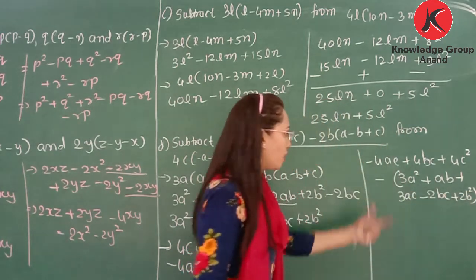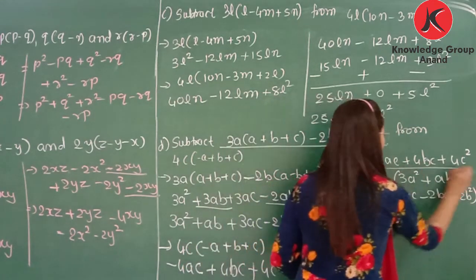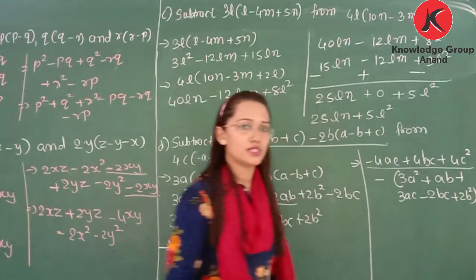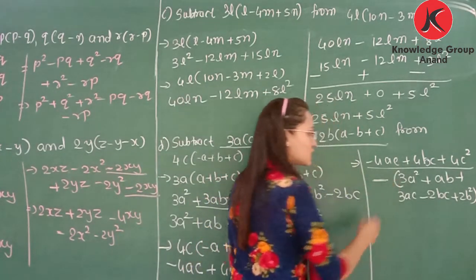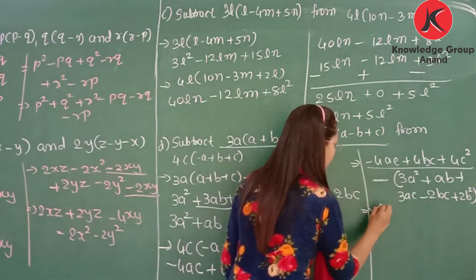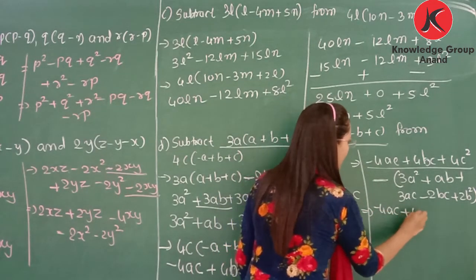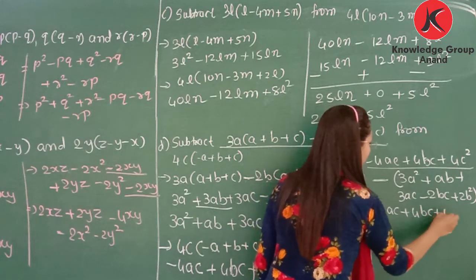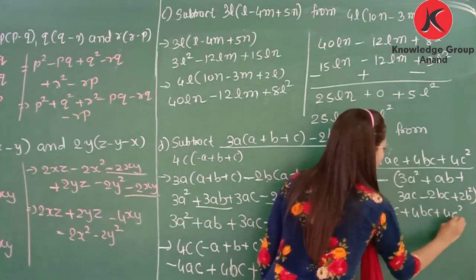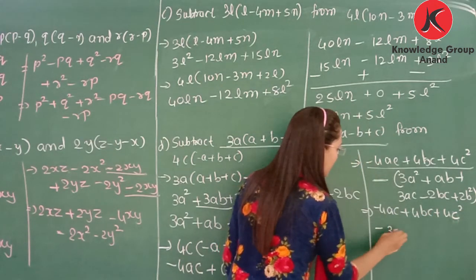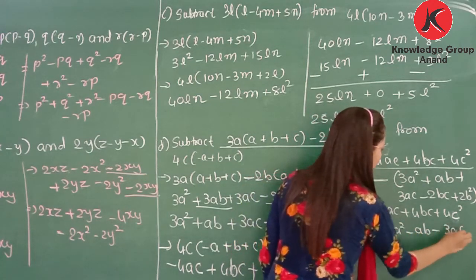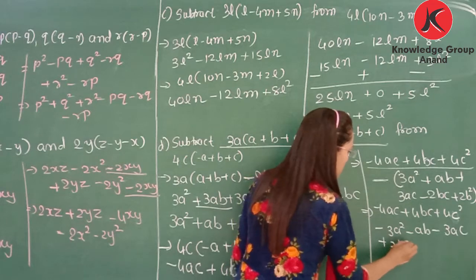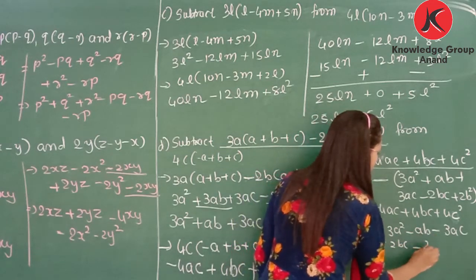From this expression, this is the first one. Subtract the second expression. Now in the subtraction, change the sign of each term. The minus sign is for subtraction, so we will write minus 4ac plus 4bc plus 4c square minus 3a square minus ab minus 3ac plus 2bc minus 2b square.